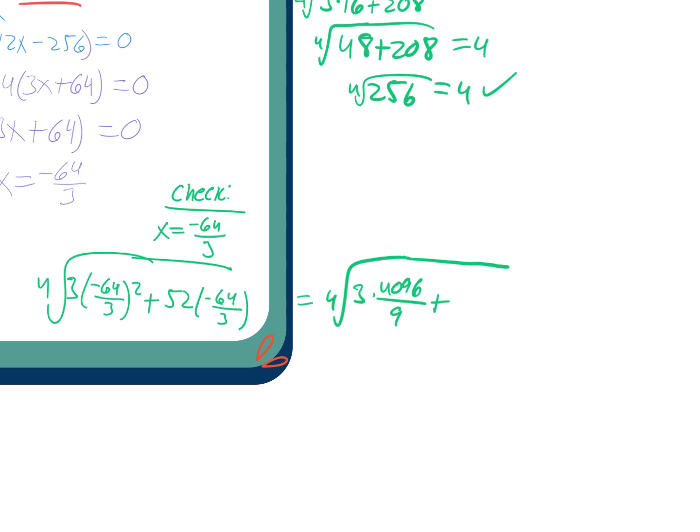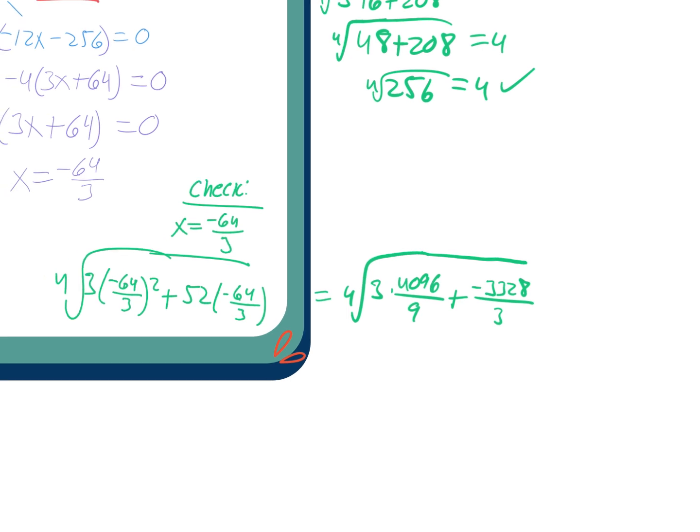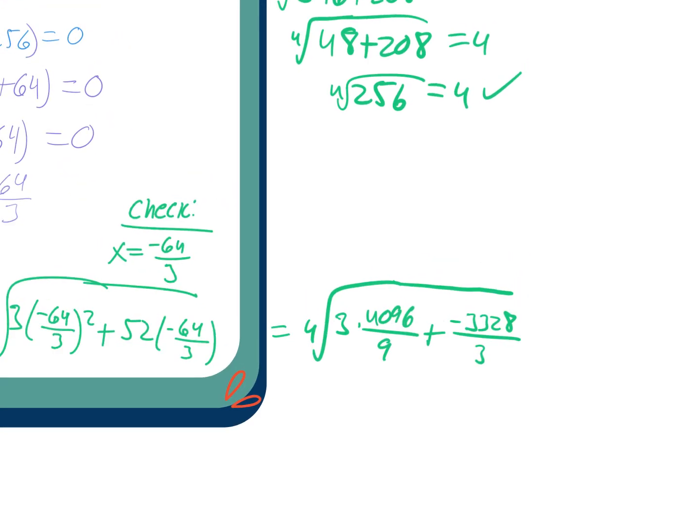52 times negative 64 should get you negative 3,328. Again, you can verify that off to the side. I had done this work before. Over 3. And here, underneath, the 3 and the 9 can simplify.